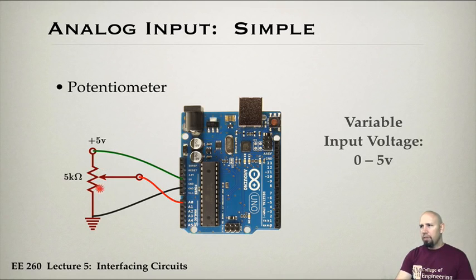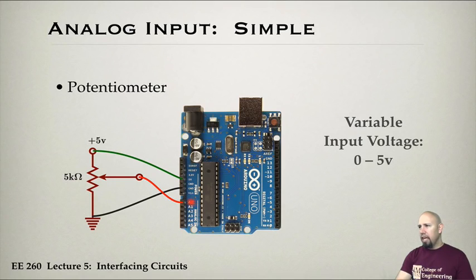Now, here we've hooked up the potentiometer to 5 volts and 0 volts. The 5 volts we get from the Arduino, and the ground we get from the Arduino, and then the wiper, when it is all the way up, we get 5 volts. When the wiper is all the way down, we get 0 volts.